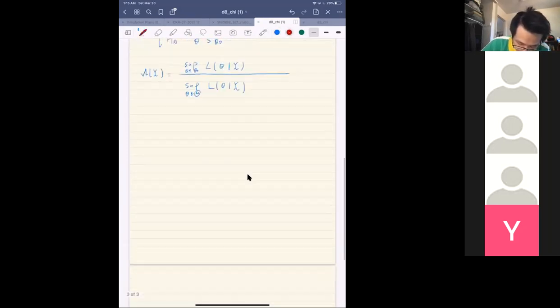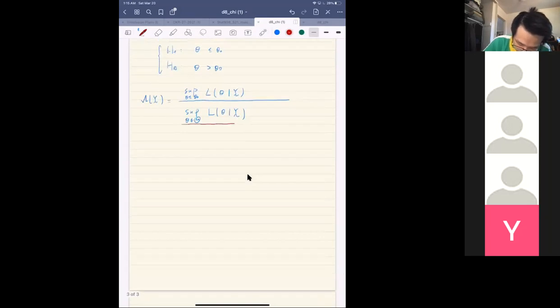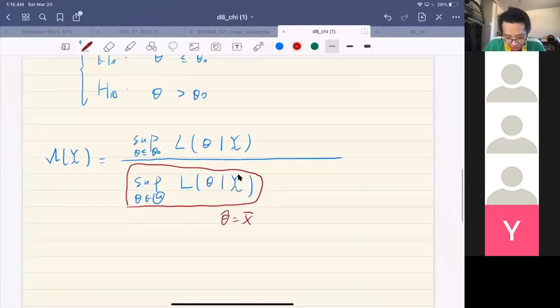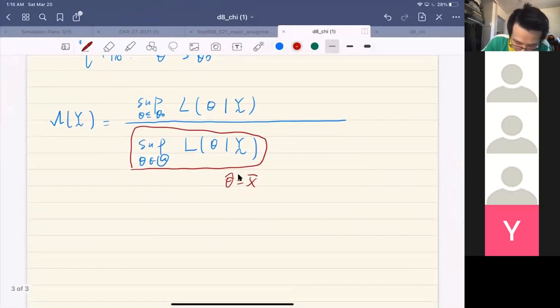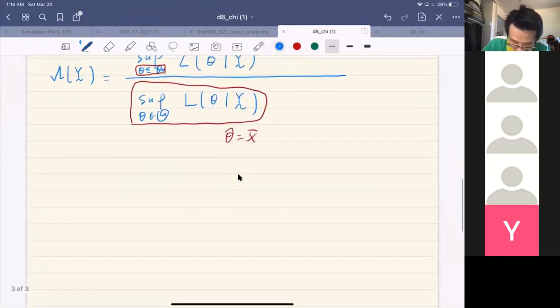The denominator is easy because it's just the likelihood, so theta should be S bar. But the numerator is a constrained optimization, so the maximum point may not be S bar. You have to be careful about this.